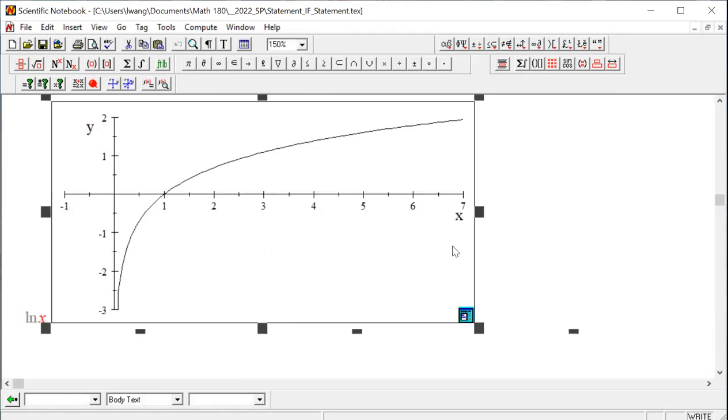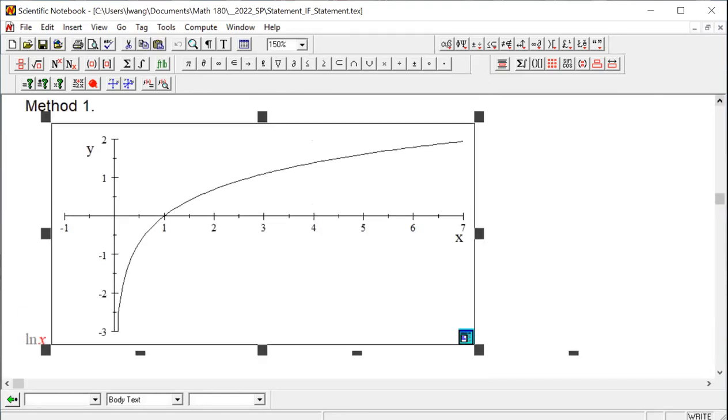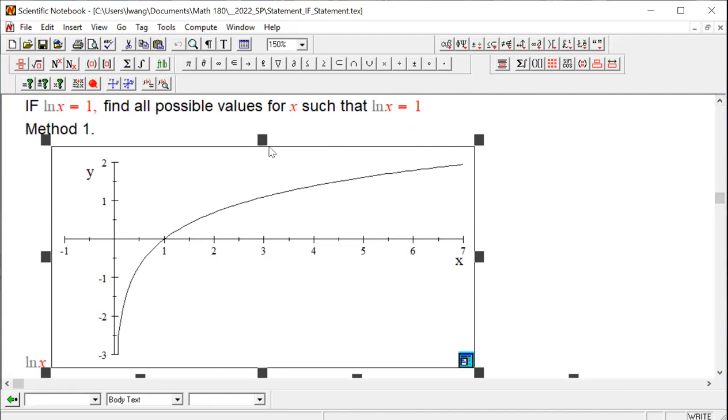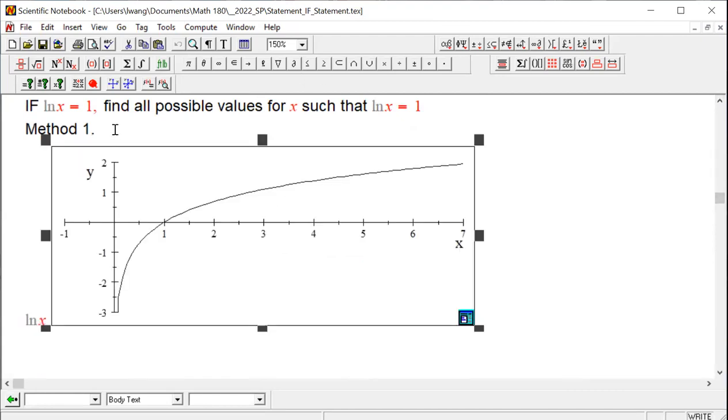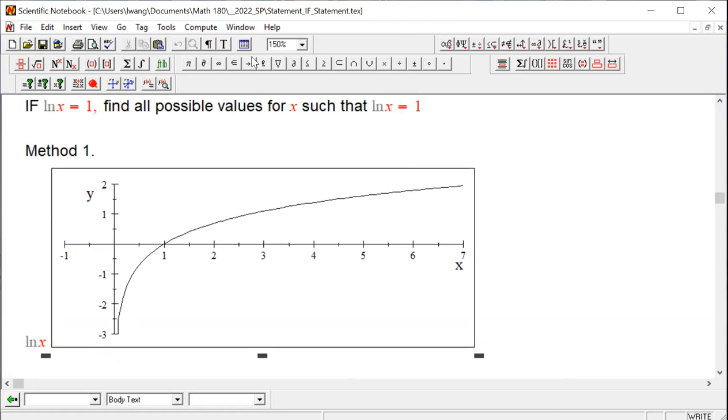So once again, you can see it's a different rule now, right? We dealt with the rule, we dealt with other rules. Okay, so now ln x, this is the ln x curve. Input, output. Input is x.